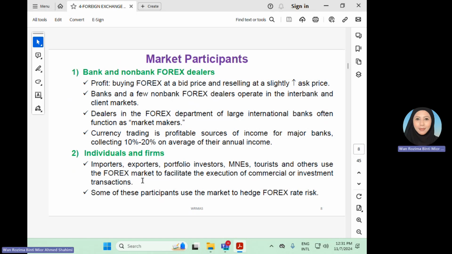So in order to eliminate or reduce the risk, you can engage in hedging strategies, such as the money market hedge and forward market hedge that we're going to learn. That one we reserve for chapter 9. Interesting topic.